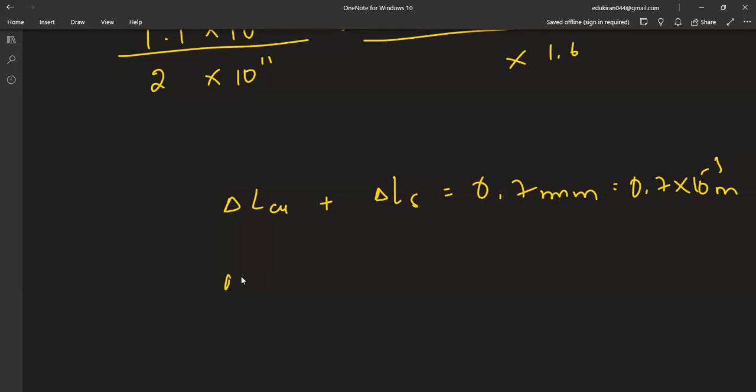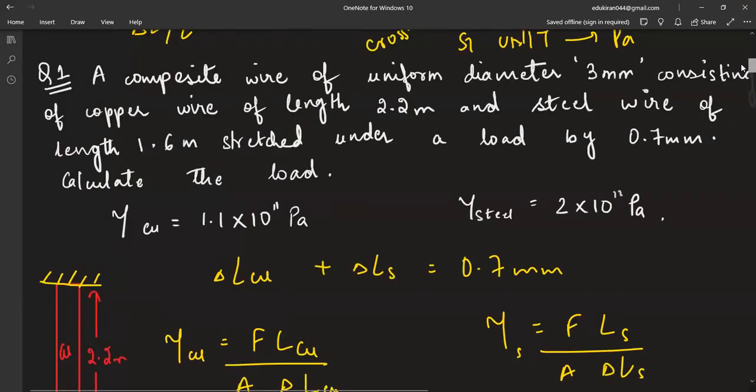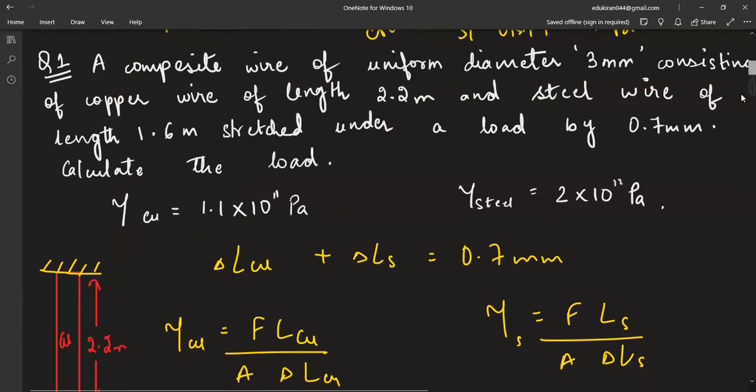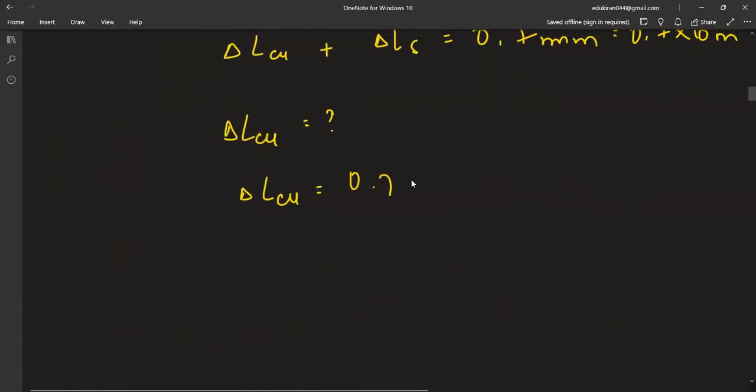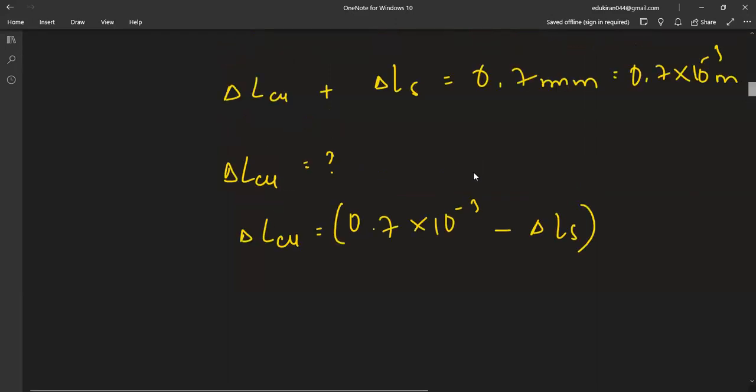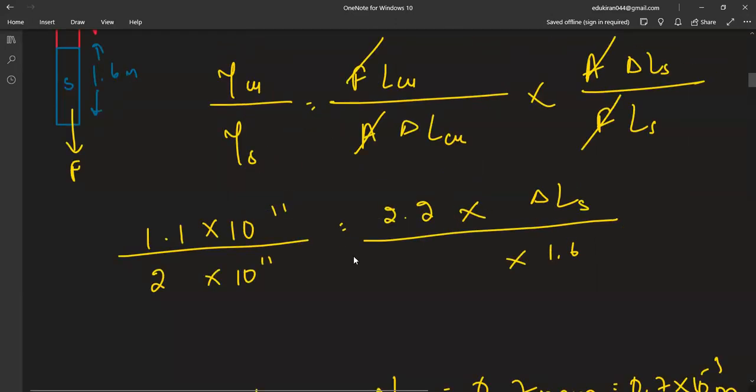So what will be the value of delta L_Cu from here? We have everything in SI, pascals and meters, so delta L_Cu becomes 0.7 into 10 to the power minus 3 minus delta L_S.